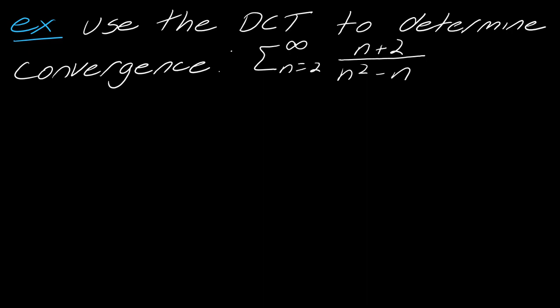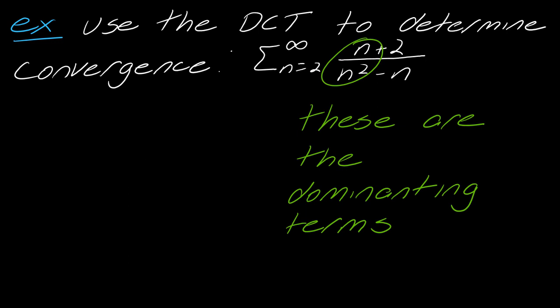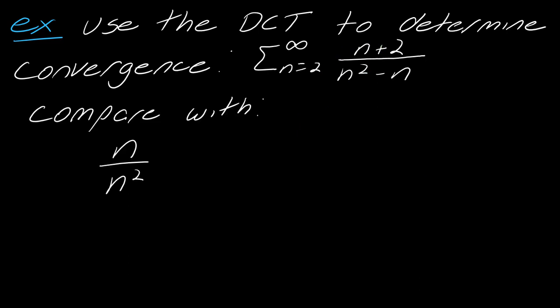What I usually like to do is look at the dominating terms, which is another way of saying the terms of highest degree on top and on bottom. So if I compare this series with just the dominating terms, n over n squared, you can see that this will simplify to 1 over n.